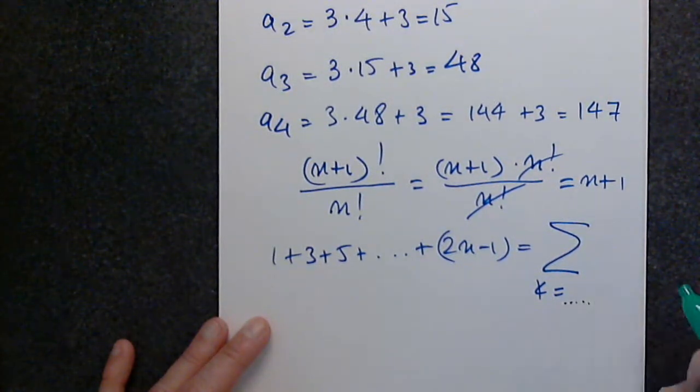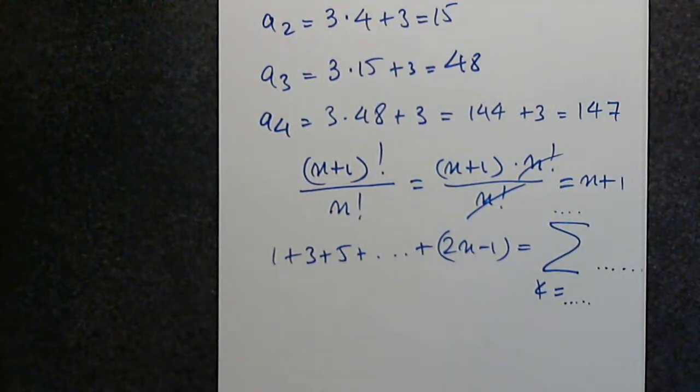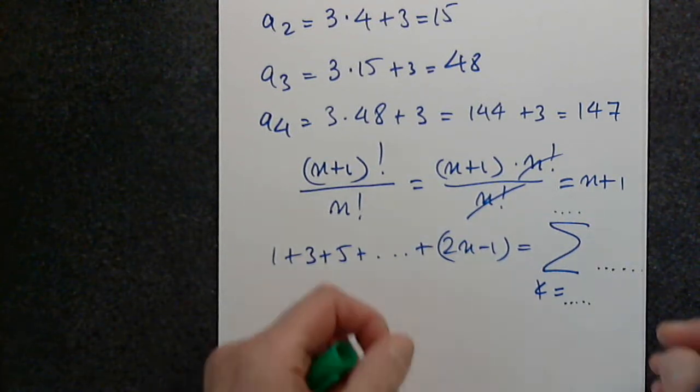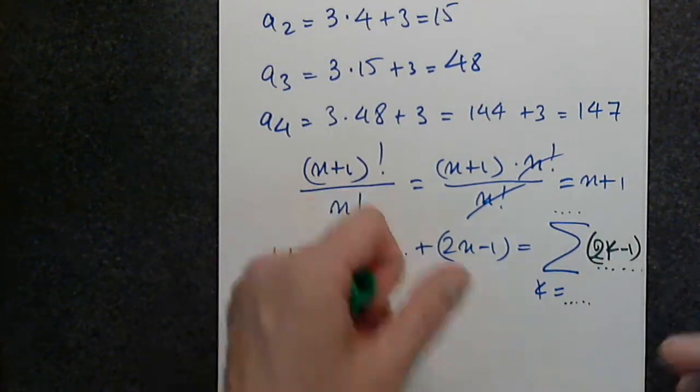So we need this, and we need this. Obviously, this must be the general term. This must be the 2k minus 1, no doubt.